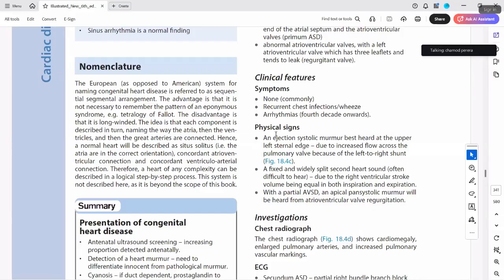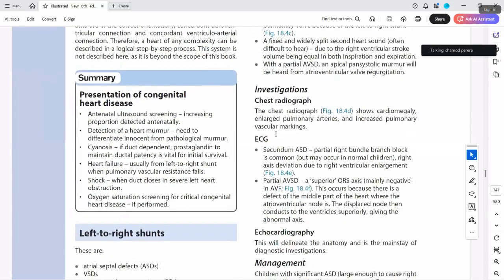Because of this, during inspiration there is going to be a physiologic split. When they have an ASD, this shunting of blood from left to right will continue to happen. Because of this, the right-sided cardiac output is going to be persistently high in both inspiration and expiration, right? Also, because of the increased blood flow through the pulmonary valve, they will get an ejection systolic murmur at the upper left sternal edge, right? Okay.